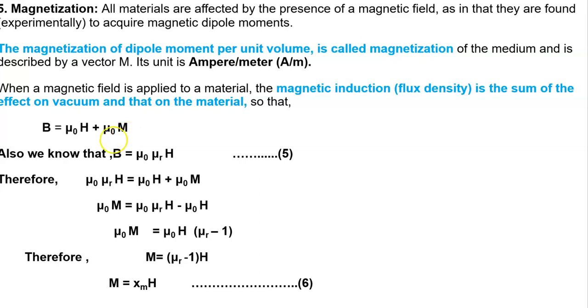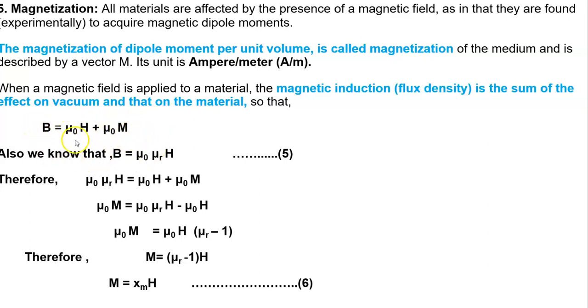Why is it enhanced? Because of the flux density produced by that material. So B will be equal to mu 0 H plus mu 0 M. This part is due to the free space and this part is due to that magnetic material. So total B is mu 0 H plus mu 0 M.